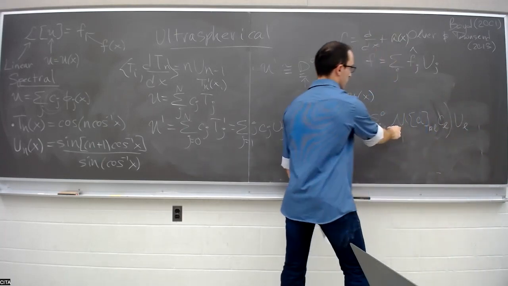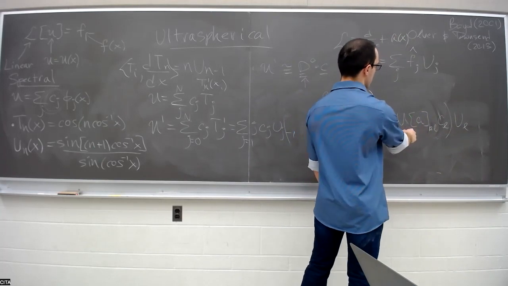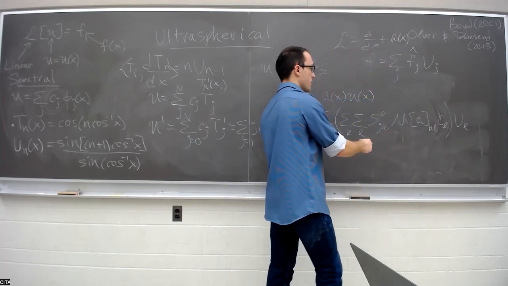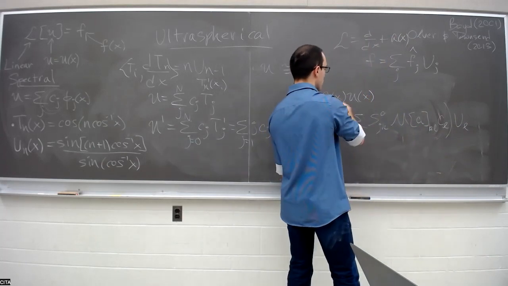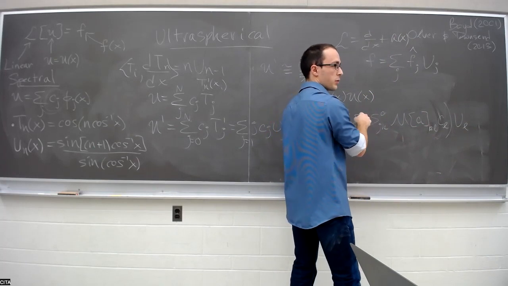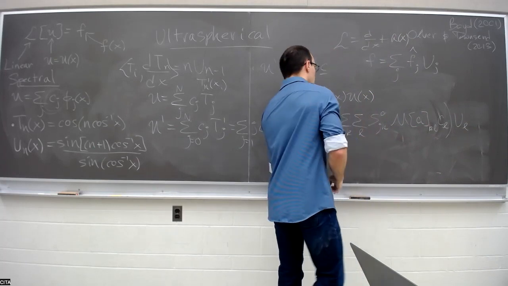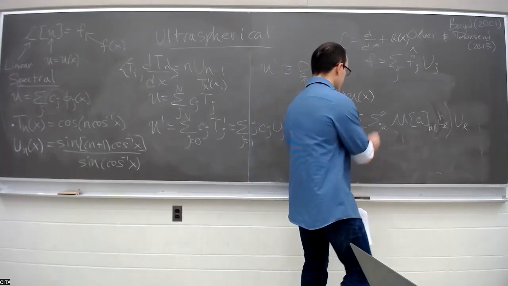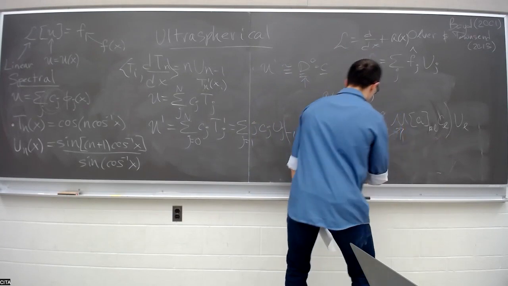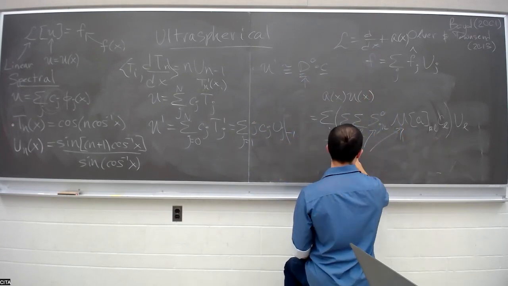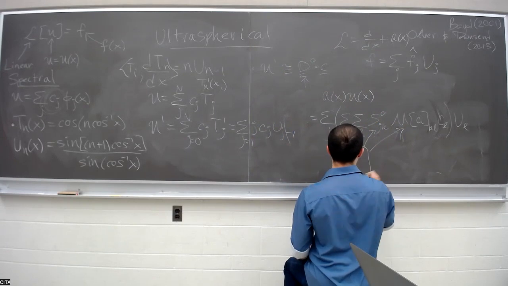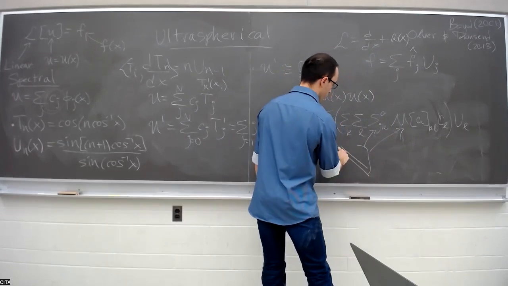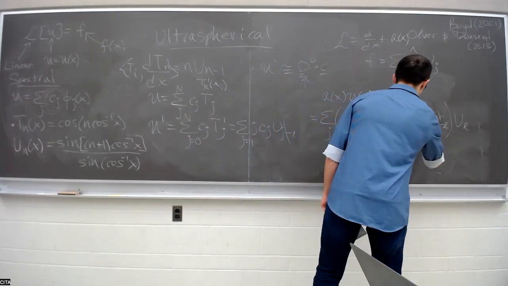And then the second matrix, M, which I've included A in brackets to show that the form of this matrix depends on A, is a multiplication matrix that allows you to multiply these 2 functions in coefficient space as opposed to in physical space. This gets a little complicated, and I don't want to go into too many of the details, except to say that both of these matrices are sparse as well. The S naught matrix has values that are just on the diagonal and just above the diagonal.